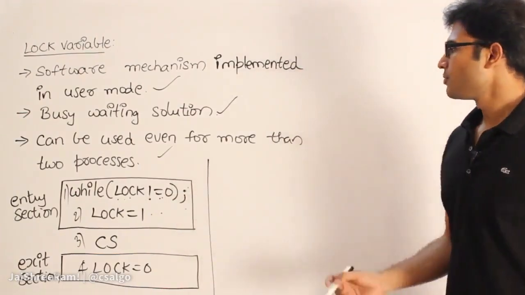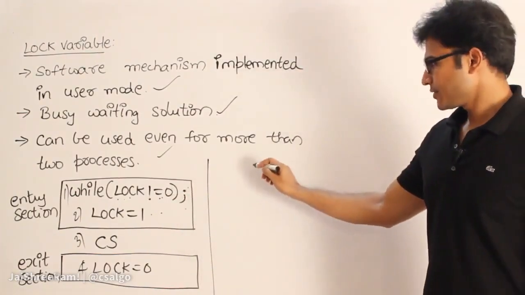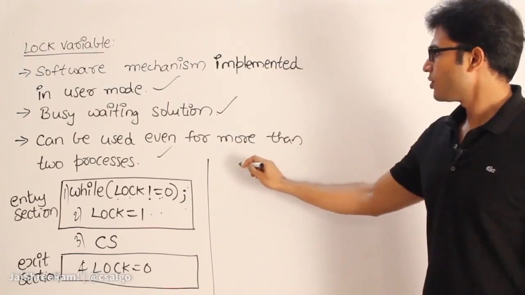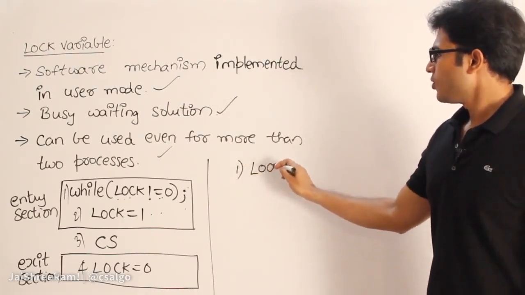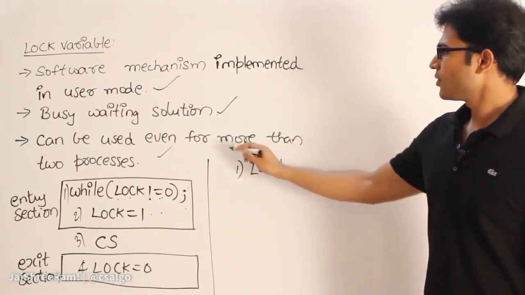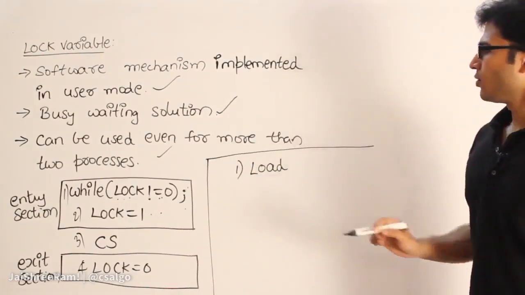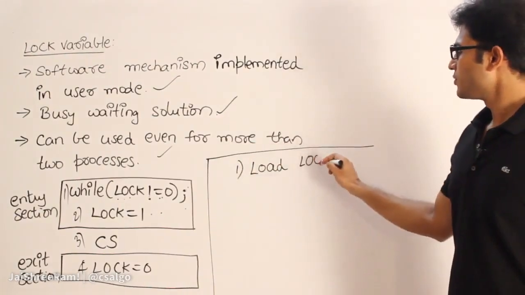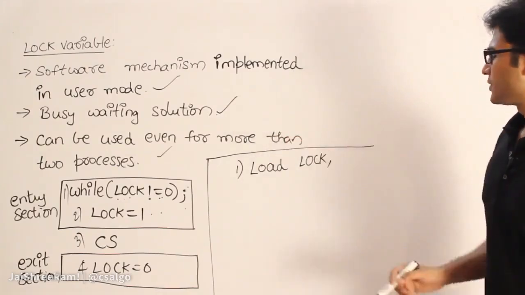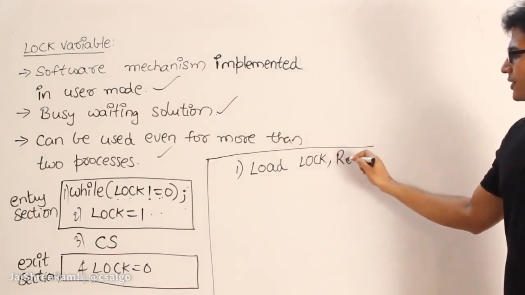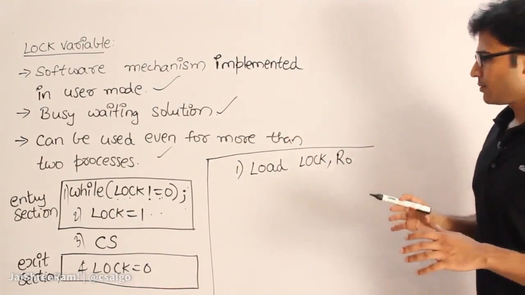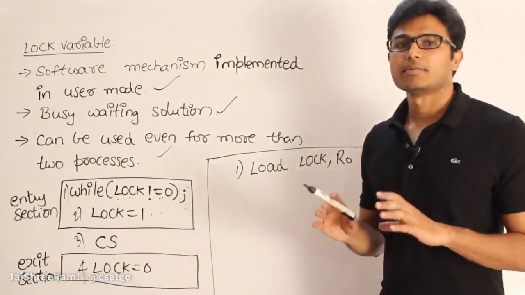So for this while loop, maybe it will have instructions like this. First we are going to load. Step number 1 is load. Load means we are going to copy the lock variable into some register R0. I'm not talking about any particular or specific assembly language.